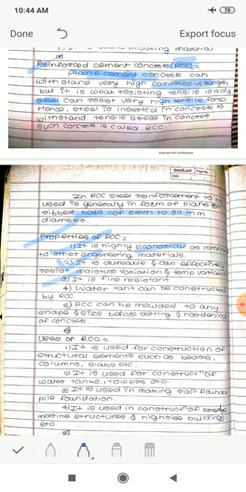Next, it is fire resistant, and it is also used for the construction of water tanks or overhead water tanks. And RCC can be cast in different or desired shapes.